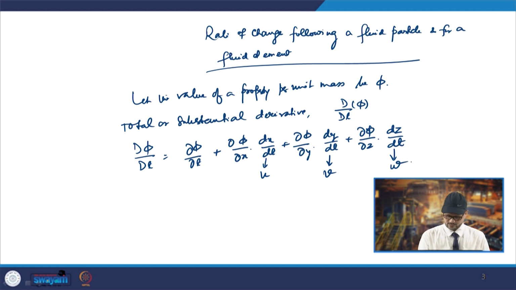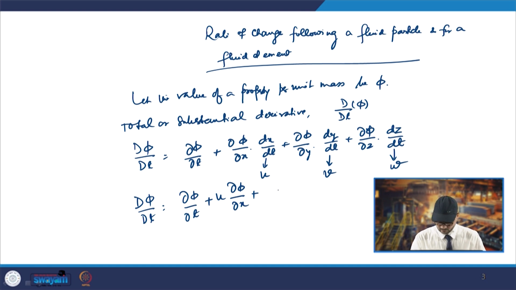So you can write Dφ/Dt equal to ∂φ/∂t plus u ∂φ/∂x plus v ∂φ/∂y plus w ∂φ/∂z. You can further write this as the first term, the transient term ∂φ/∂t, and then the term u grad φ.